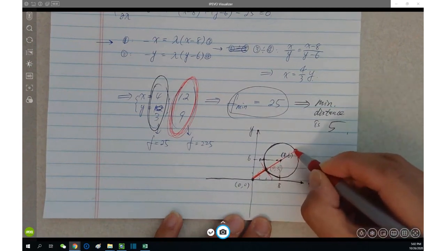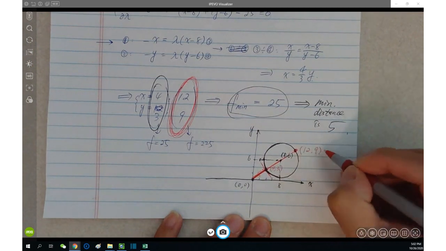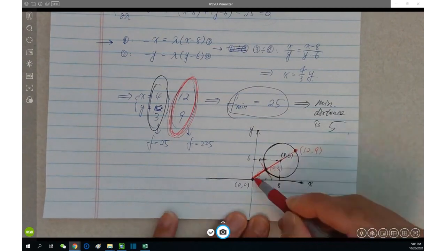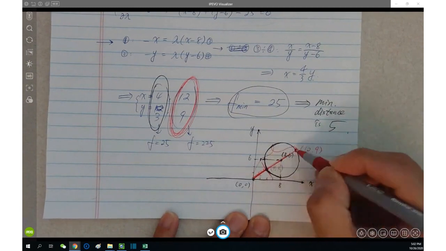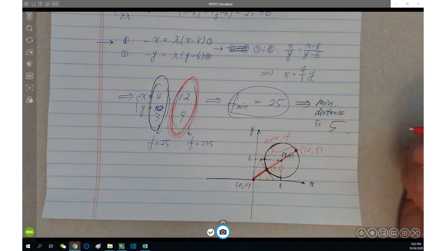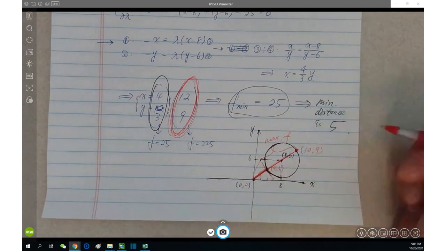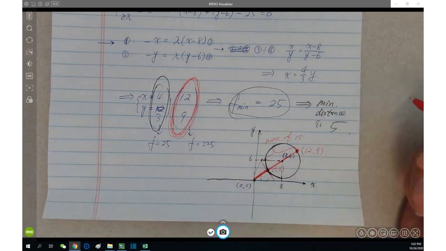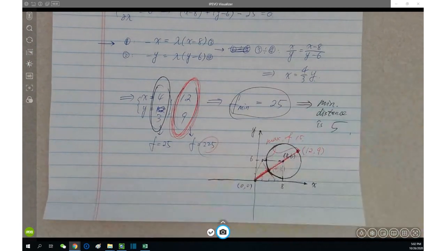What is the coordinate of this point? 12, 9, right? And this distance is obviously the maximum distance: minimum 5 plus double radius, right? 15. The 15 squared is exactly 225. Makes perfect sense.